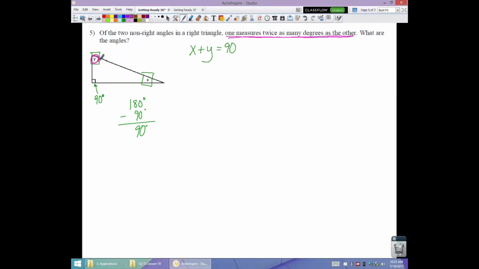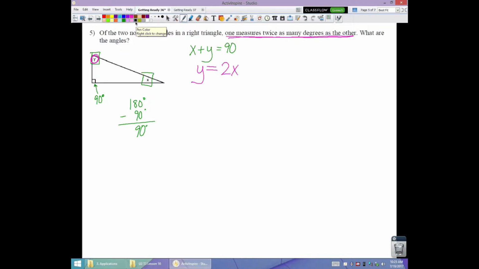That would mean the large one, Y, is, in math we turn the word is into equals, twice the other one, so twice the smaller one. So twice is times 2. Right? So the two non-right angles add up to 90. That's one equation. And then the larger of the two is exactly twice the smaller one.